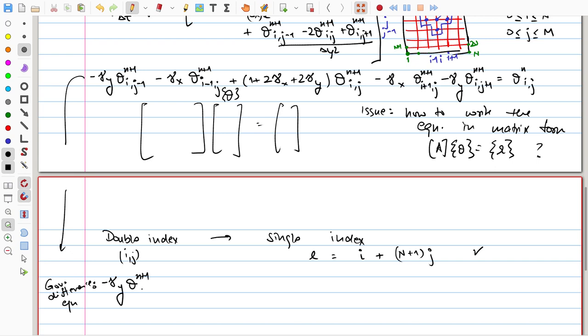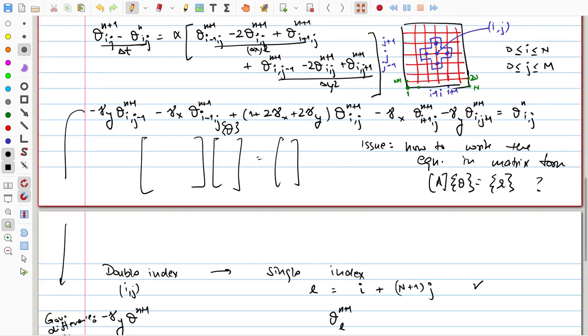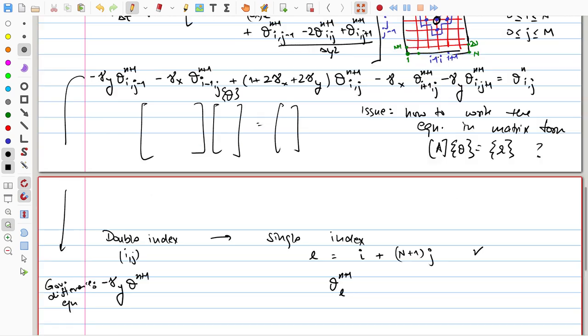Since i, j is some arbitrary point, we will write the term theta L for this i, jth point, the point around which I am writing the differential equation. So I will call it theta L. You have to keep it arbitrary, right? Then L can change values and you can write the equation for each and every interior point.